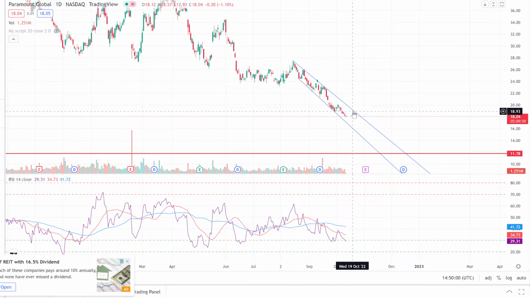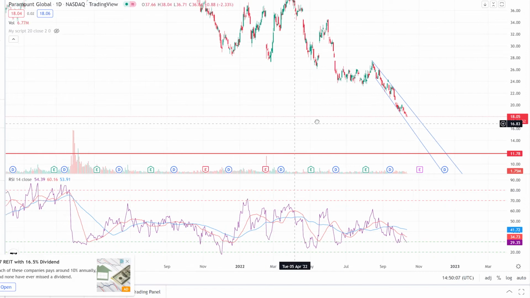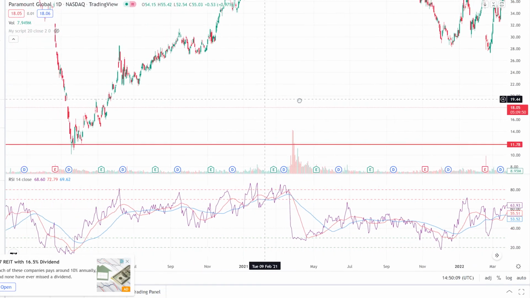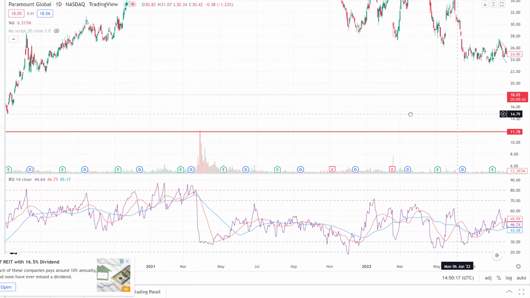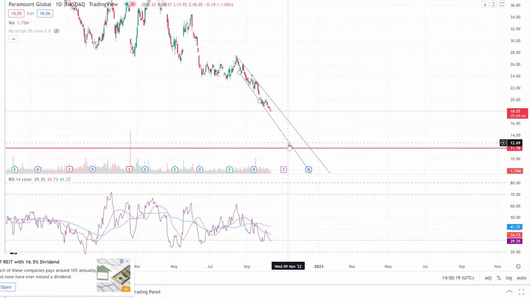If it breaks above that, it might be a good sign. If it breaks below that, it would probably drop even further. And unfortunately, there isn't really any level of support until around $12, between 11 and 12. So there's a lot of room that this one could drop further, and that would be a big concern.